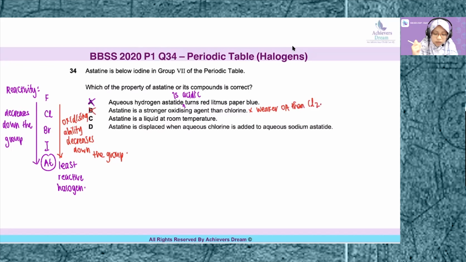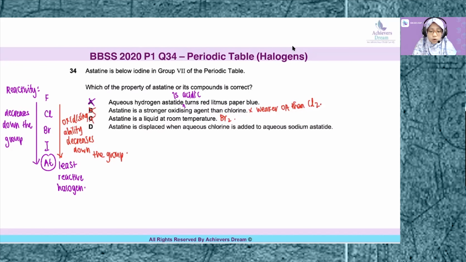All right, so now let's take a look at C. Astatine is a liquid at room temperature and pressure. This one you have to know. The only halogen that is a liquid at room temperature and pressure is bromine, Br2. Iodine at room temperature and pressure is a solid already. So C is out.